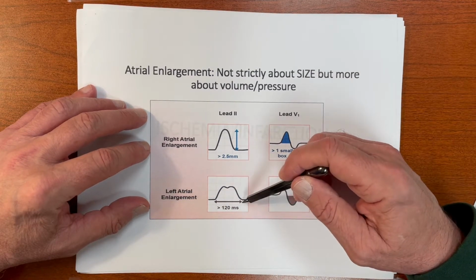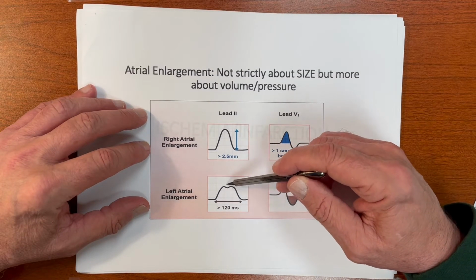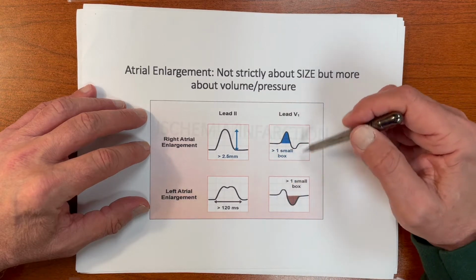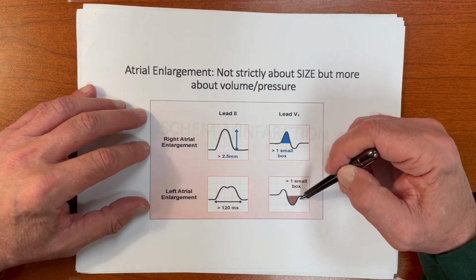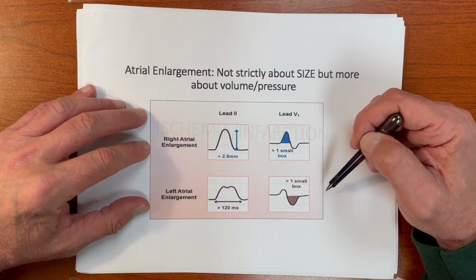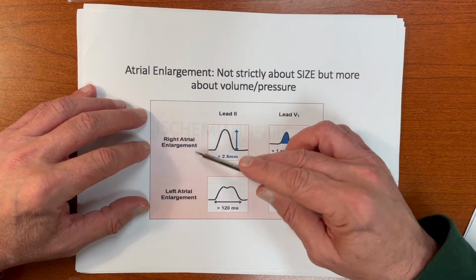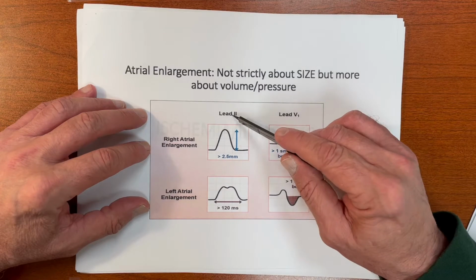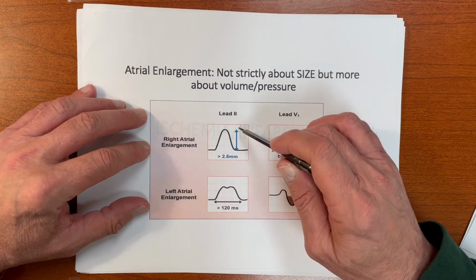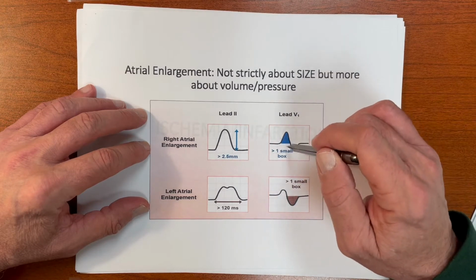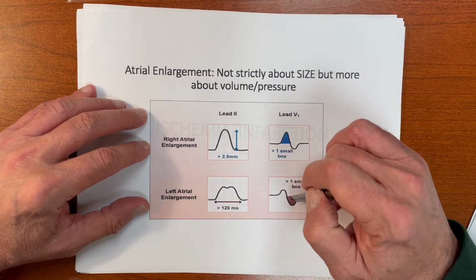Greater than 3 small boxes wide, may or may not have this bifid hump. And in V1, greater than 1 small box, okay, down. Right atrial enlargement, okay, both looking at 2 and V1. Right atrial enlargement tall, left atrial enlargement wide.